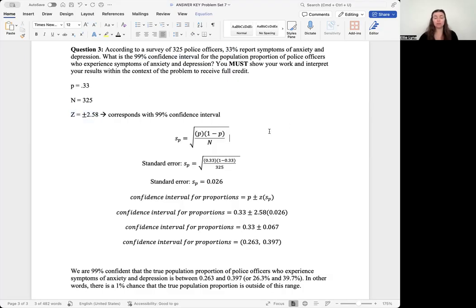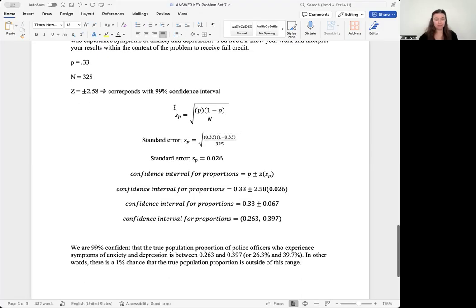And so first, similar to question number 2, we have to calculate the standard error for proportions. So here we take 0.33, which is our proportion value here, multiply that by 1 minus our proportion value of 0.33, divided by our N of 325, and we take the square root of that value to get a standard error of 0.026.